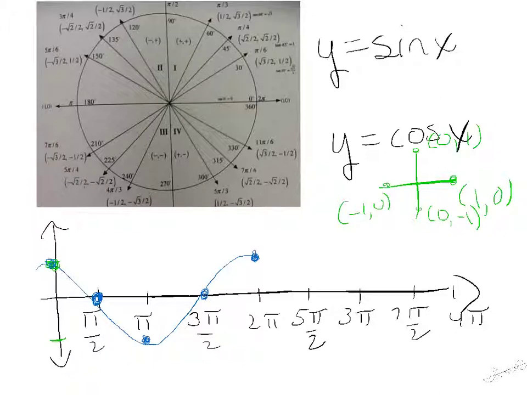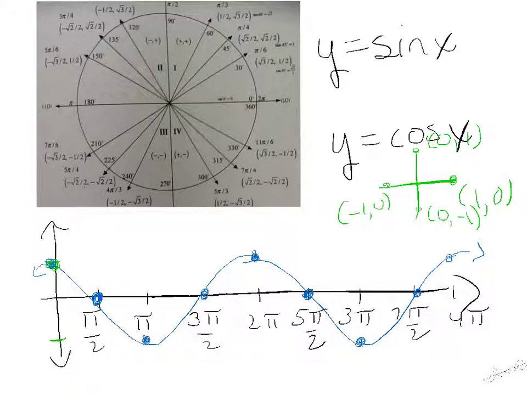So 5 pi over 2, we're starting around on the unit circle again. What's the value of the cosine for 5 pi over 2? 3 pi, negative 1, 7 pi over 2, and 4 pi. And so if we finish here, that is 2 periods of y equals the cosine of x.